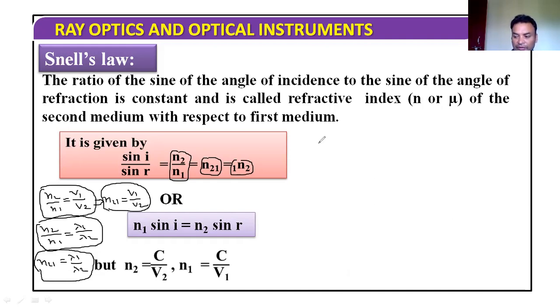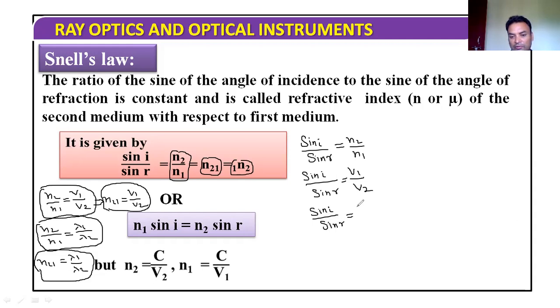Now we can write sin I upon sin R is equal to n2 upon n1, or we can place the value of n2 upon n1, it is equal to v1 upon v2, or we can also write sin I upon sin R is equal to lambda 1 upon lambda 2.